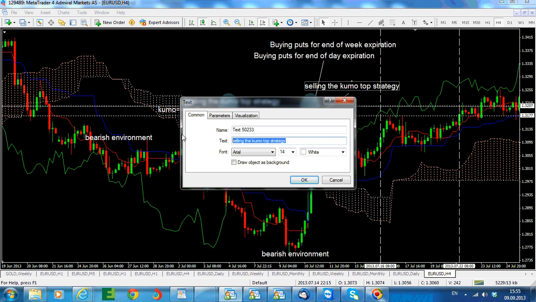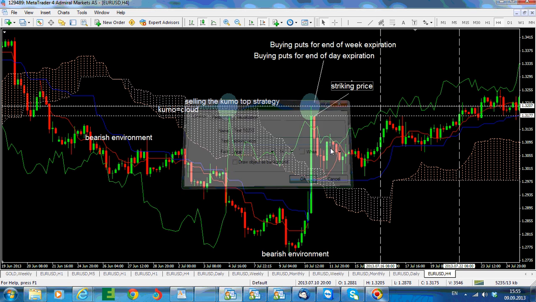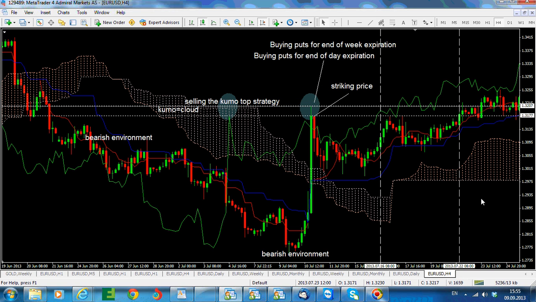The indicator and the setup stay the same, and what you apply on one pair and one time frame can be applied on any other pair. So this would be the striking price, and when buying puts, one is looking for the price at the expiration time to be below the striking price.